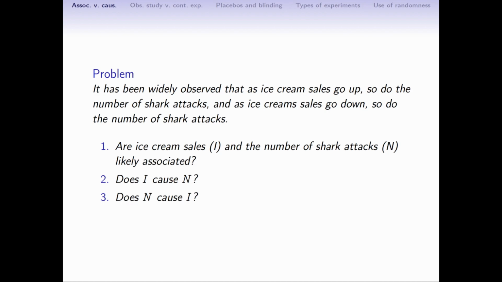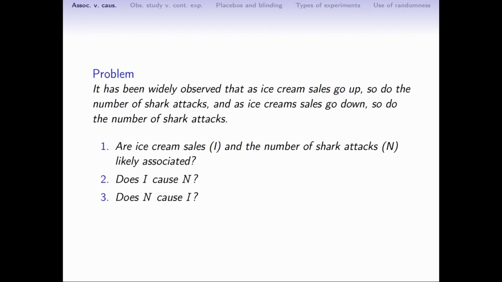And here we would say yes, because we're noticing time and again that as the sales of ice cream go up, the number of shark attacks go up, and as ice cream sales go down, the number of shark attacks go down. So we would recognize this as a valid positive association.